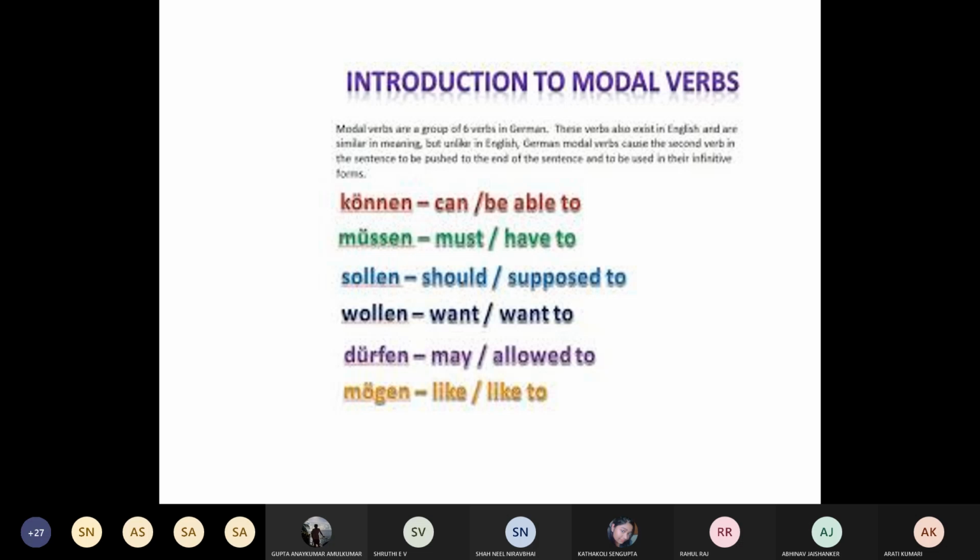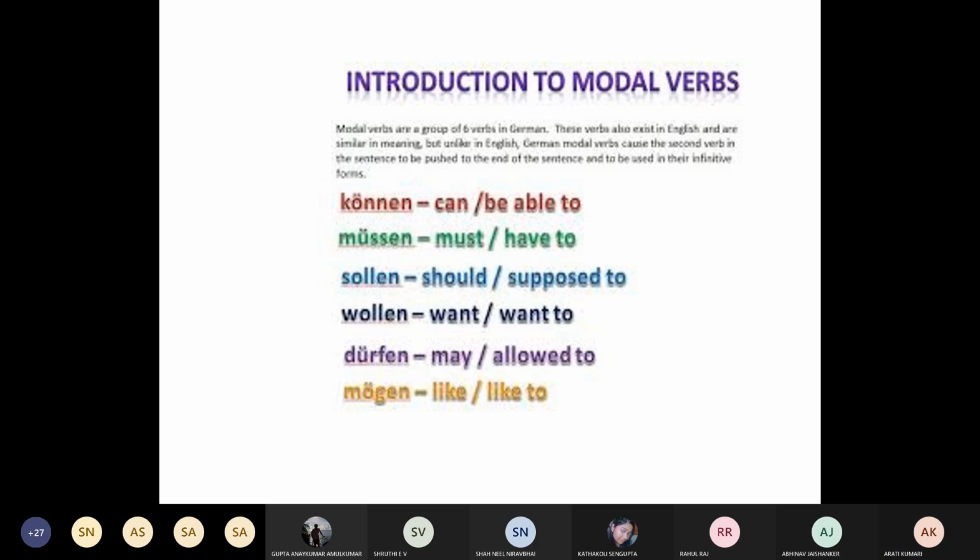Wir dürfen nicht am Campus rauchen. So you see, here we have the subject, then you have the modal verb, and you conjugate it, then the rest of the information. Like here it's about the place, negation, and in the end rauchen is the main verb. So it goes at the end.